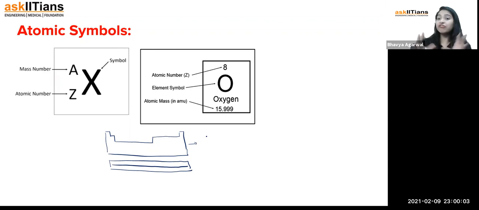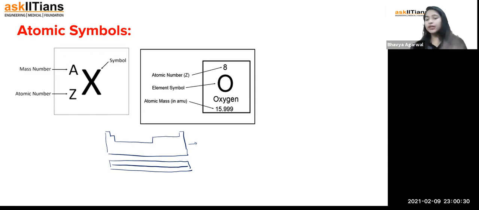This is just like a fort. In the periodic table, there are all the elements which have been discovered. No, I won't say that, because there are many elements yet to be discovered. When this periodic table was first formed, we knew 118 elements by then.